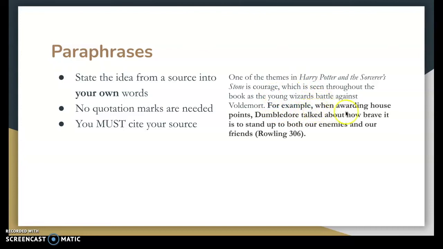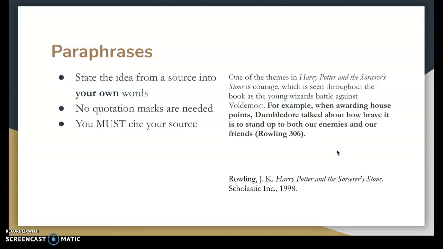For example, when awarding house points, Dumbledore talked about how brave it is to stand up to both our enemies and our friends. This is me putting that quotation into my own words. Again, if you want to know where I got this idea, where it came from, here tells you where it goes. So paraphrasing, still need to cite sources. At the end, you're still going to have the same work cited. Just remember, work cited, still going to look the same.